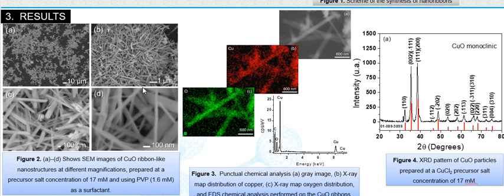This statement was corroborated by X-ray diffraction analysis. The results are shown in Figure 4. The diffraction pattern indexes the monoclinic structure of the cupric oxide.